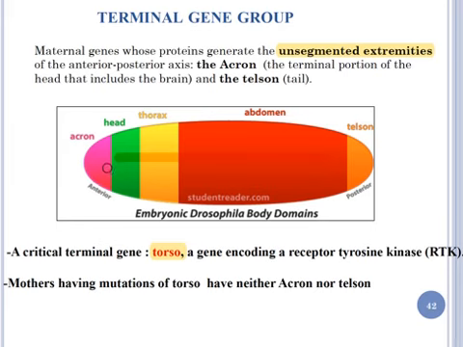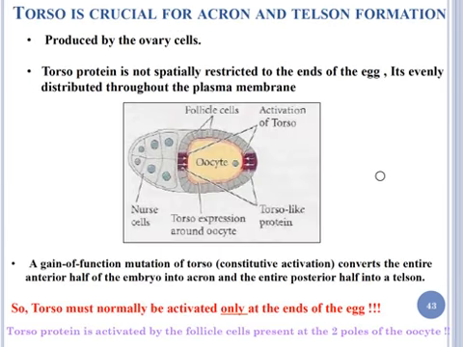Torso is a gene encoding an RTK, receptor tyrosine kinase. Mothers having mutations for torso cannot develop either acron or telson. So it seems like torso is very important for the determination of acron and telson.